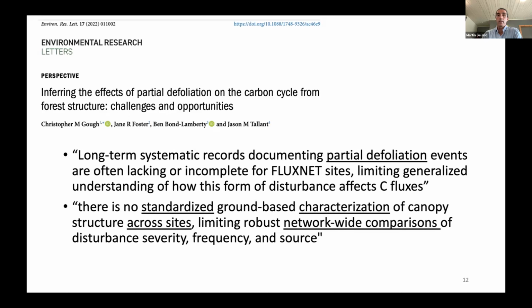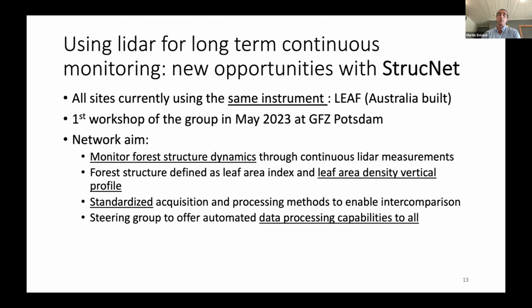And this is where I think what the group StrikeNet is proposing to do might be of interest to AmeriFlux. This new instrument is autonomous, so it's meant to be left in the field. It's weatherproof. All the sites so far in StrikeNet are using that same instrument.